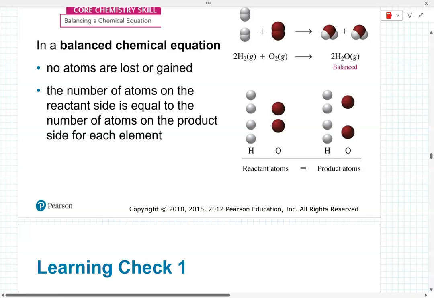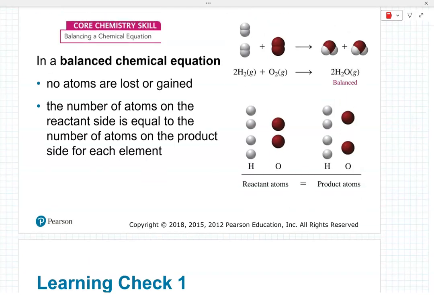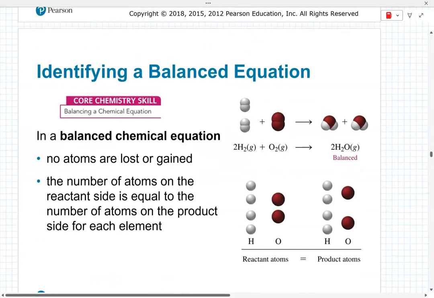Atoms in chemistry cannot be created or destroyed. Okay? The law of conservation of mass. So when you write a reaction, the number of every kind of atom on the left and the number of every kind of atom on the right should be the same. So in this reaction of formation of water, how many hydrogens do we have on the left? 4 atoms.